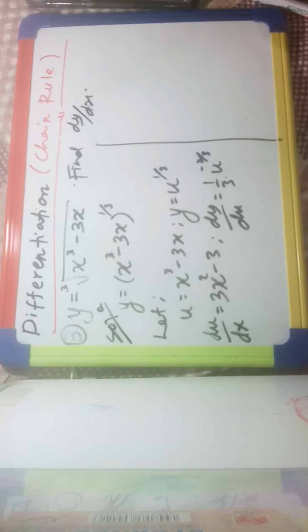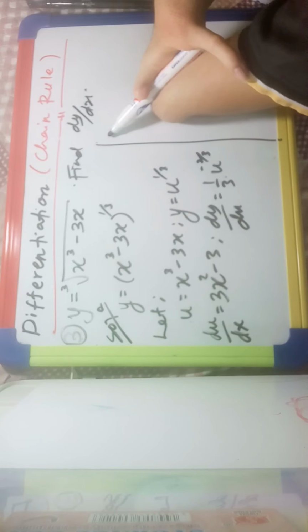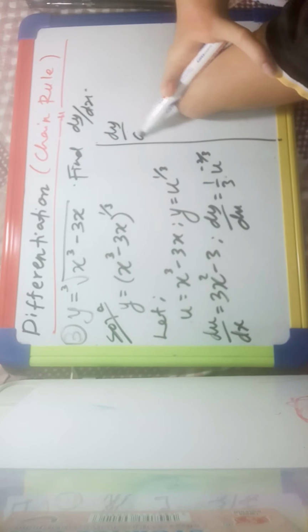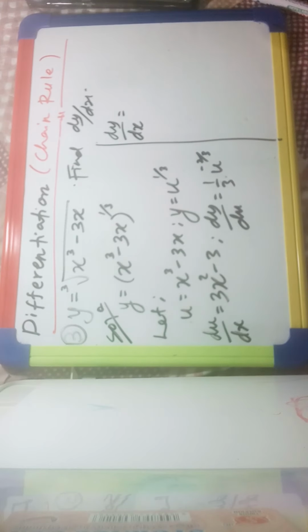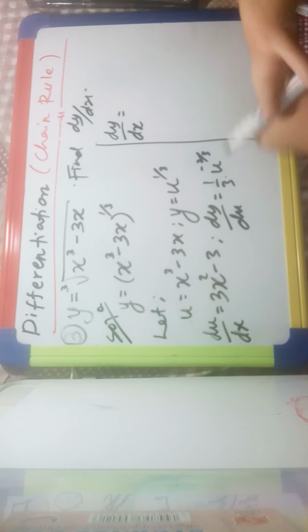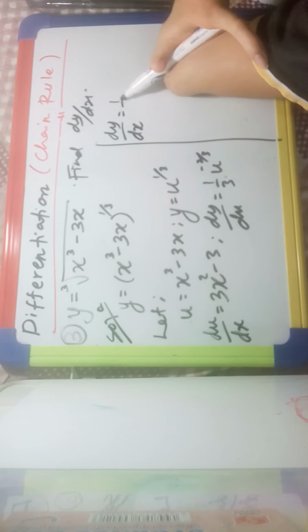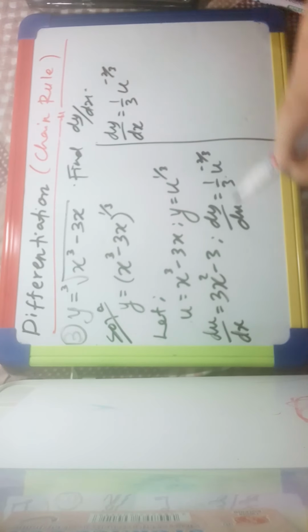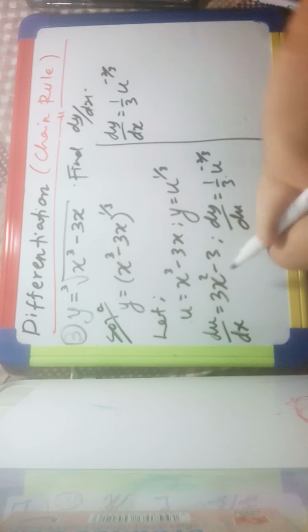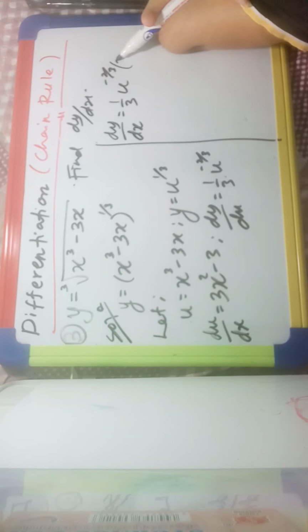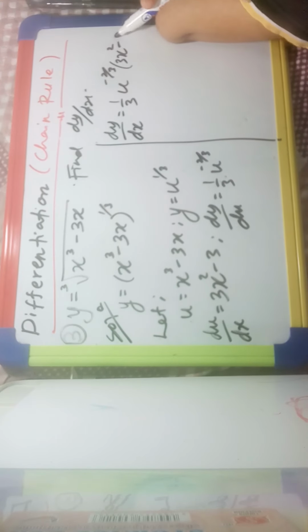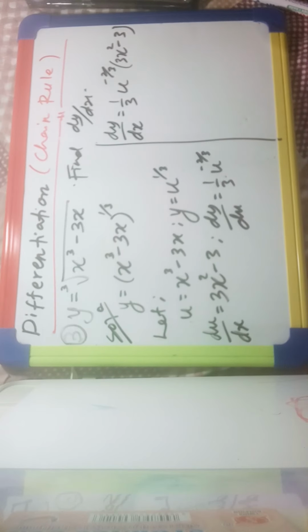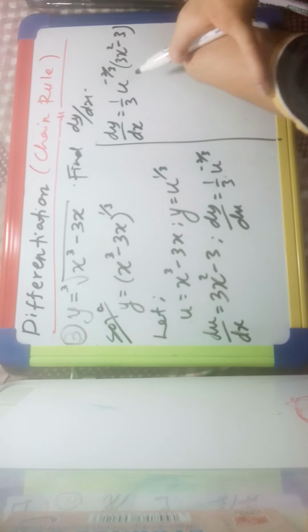Okay, and now all information we found already, then we can find our dy over dx. So dy over dx is dy du multiply du dx. So this is our dy du. So we will get 1 over 3 u the power of negative 2 over 3. What is our du dx? This thing. So in bracket 3x square minus 3. Okay, do not leave your answer like this.